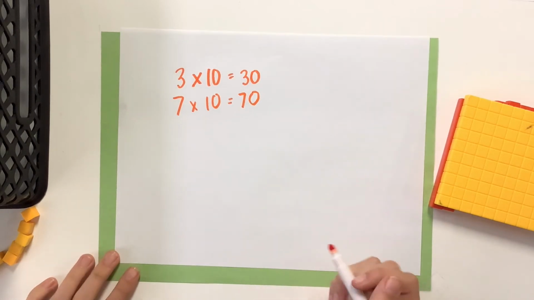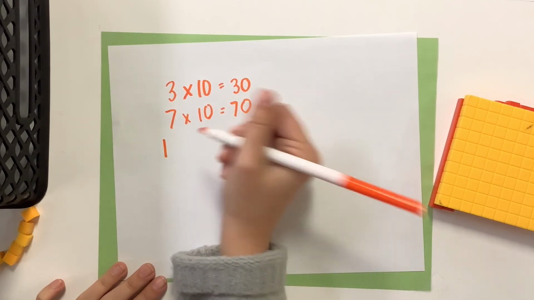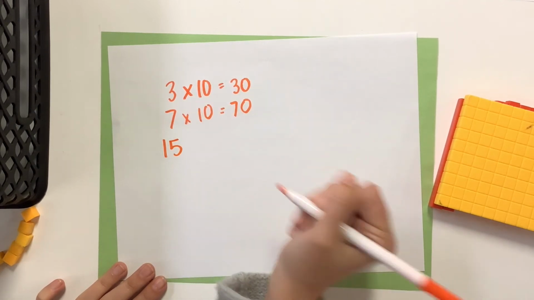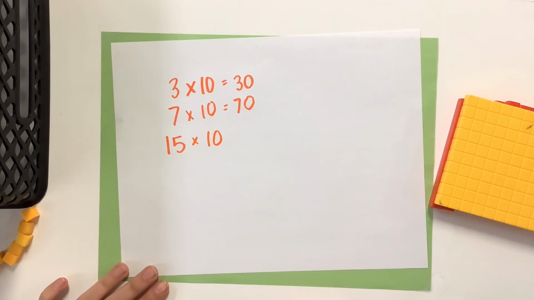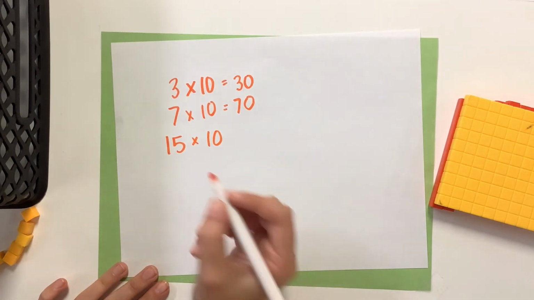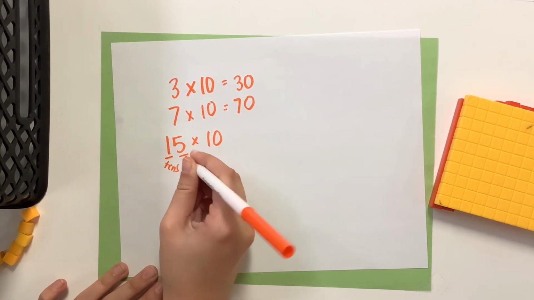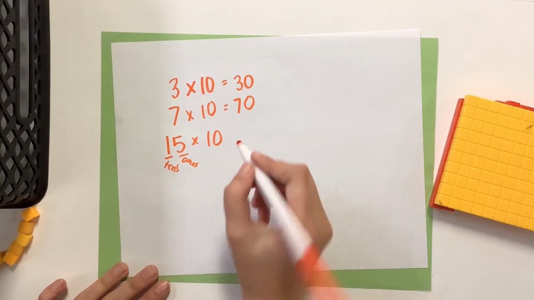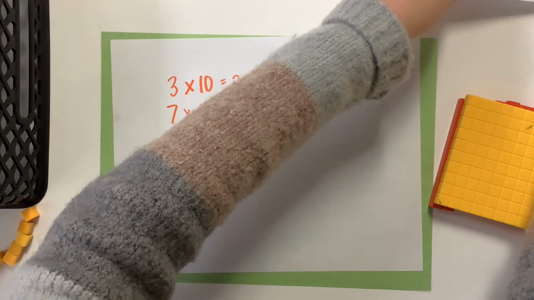Okay, what if I have the number 15 and I multiply that by 10? Okay, so this number is going to get 10 times greater. So right now I have a 1 in the tens place and I have a 5 in the ones place. Both of those numbers are going to move one place to the left.